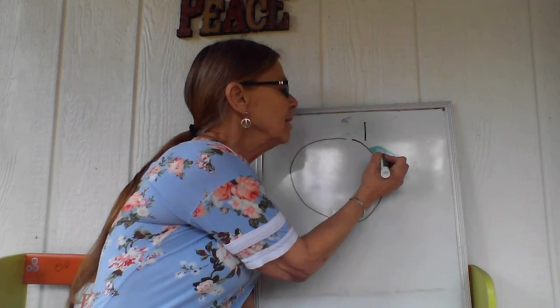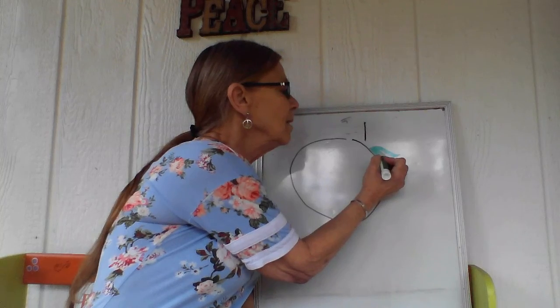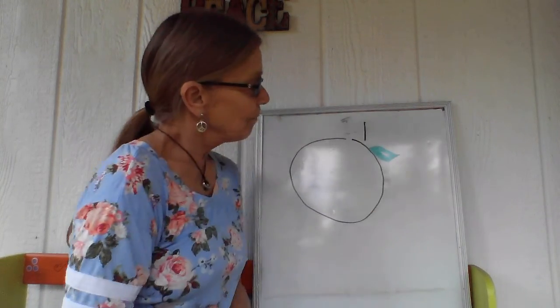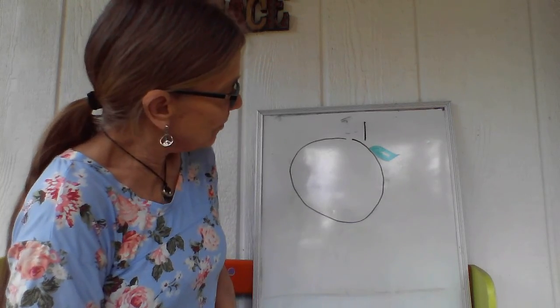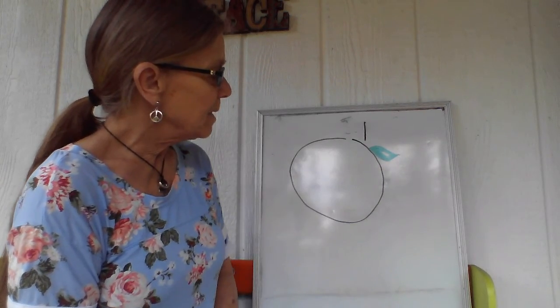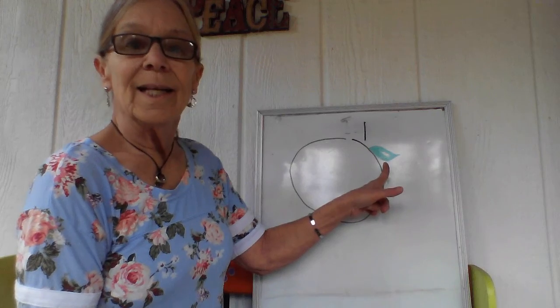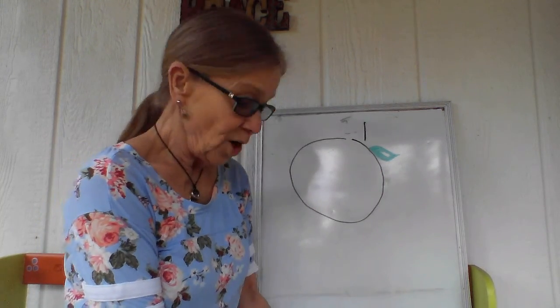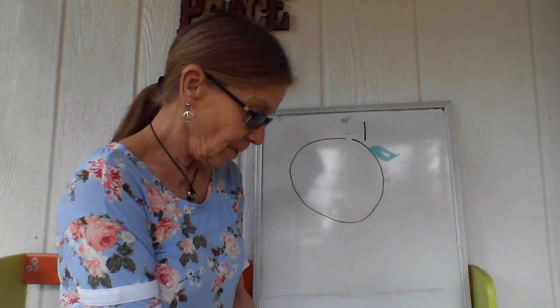There's the leaf, and there's the egg. So the first thing that happens is that a butterfly lays an egg. Actually, she'll probably lay a lot of eggs on a lot of leaves.